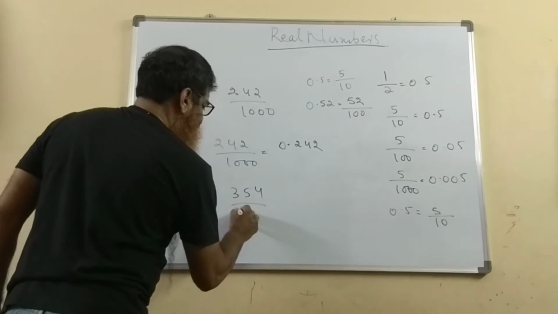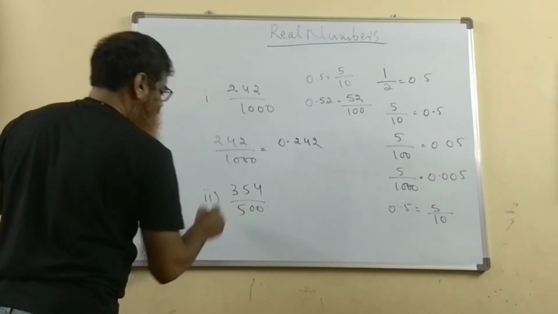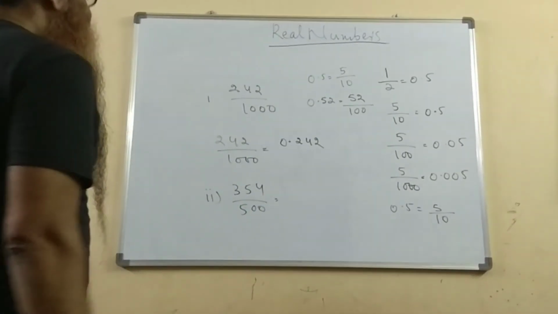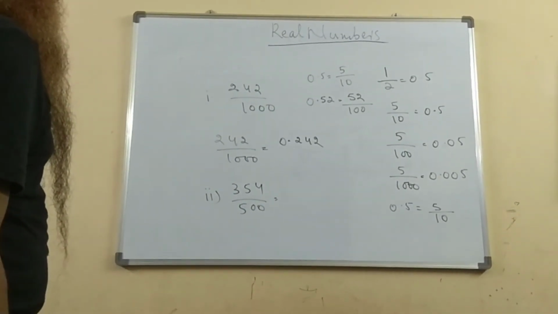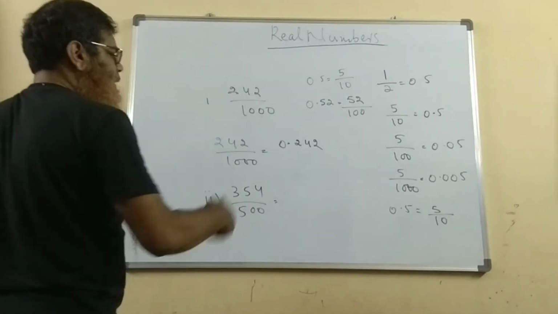The second one is 354 by 500. We need to simplify it before making it a decimal.